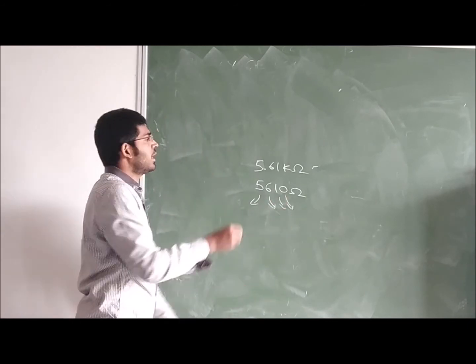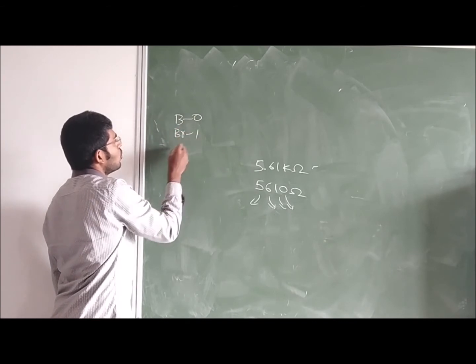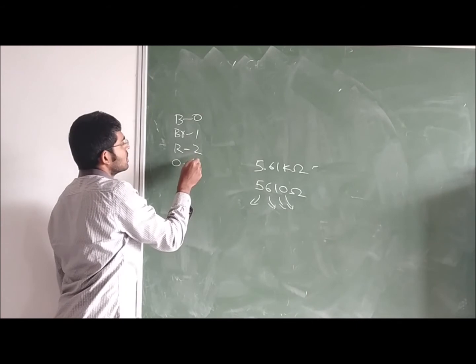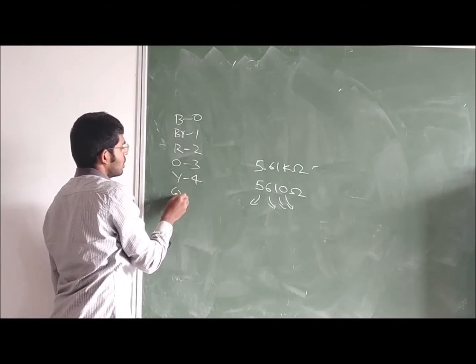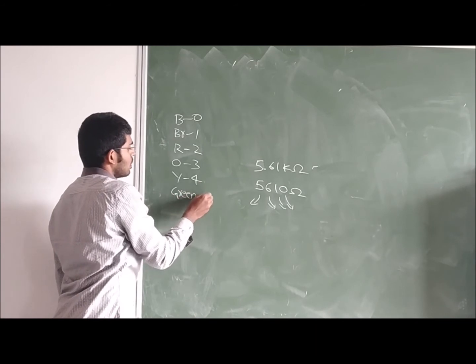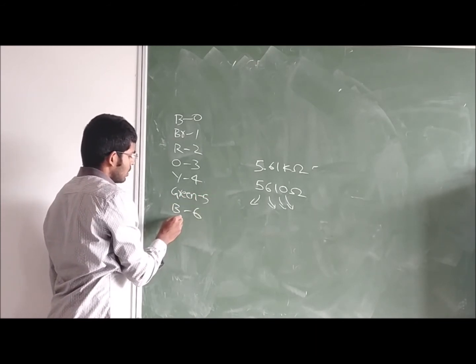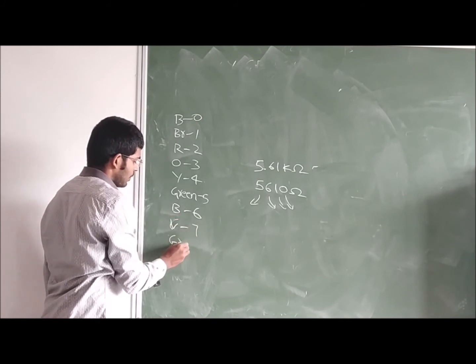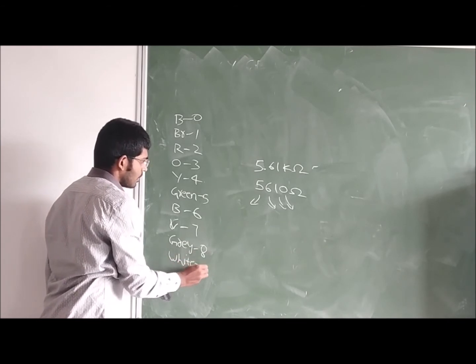For your understanding, I am writing here: black 0, brown 1, red 2, orange 3, yellow 4, green 5, blue 6, violet 7, grey 8, white 9.